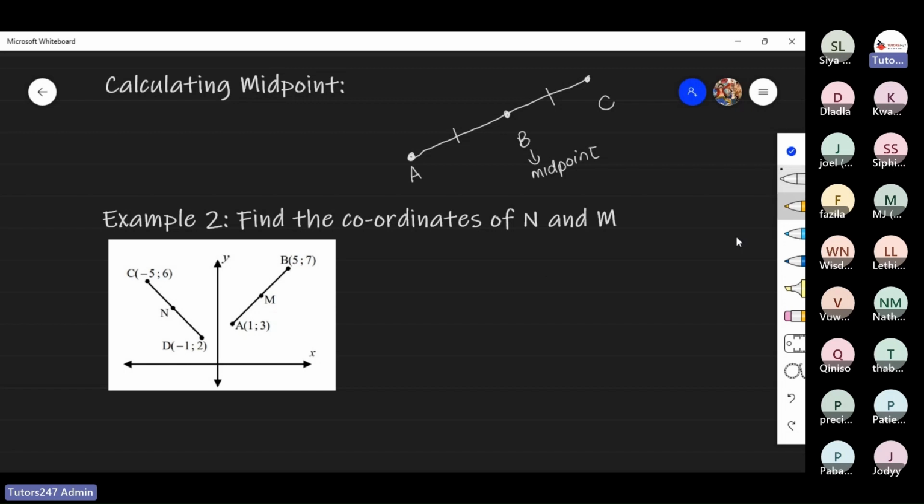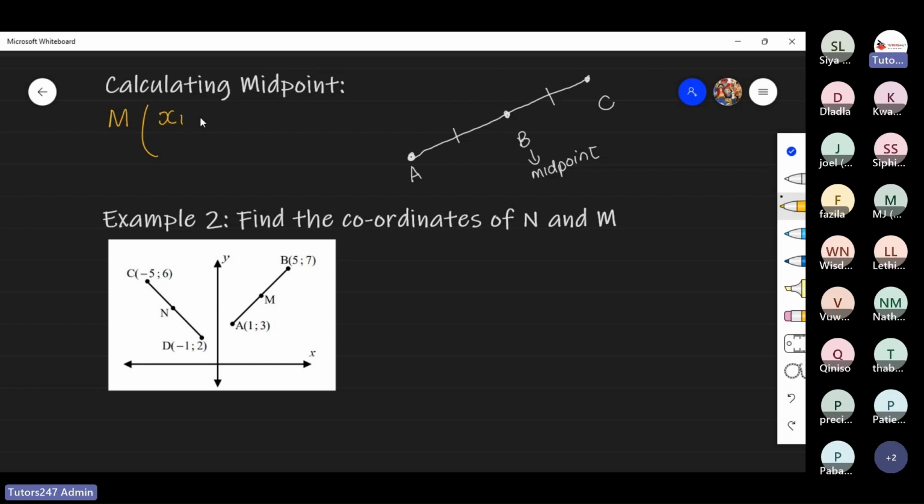And the formula that we are going to use to calculate midpoint is M representing midpoint. You don't have to use M. M is just a representation. You can use A, B, C, whatever you want. It's just a representation, but the formula has to be the same. You can't change the formula.